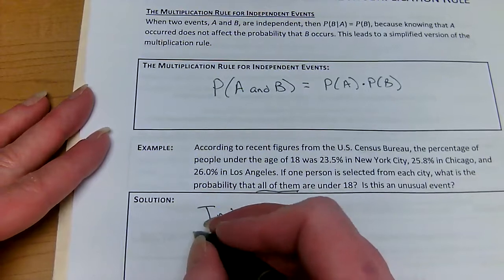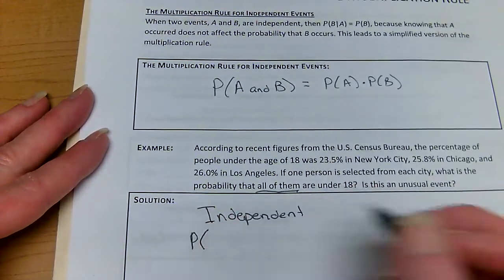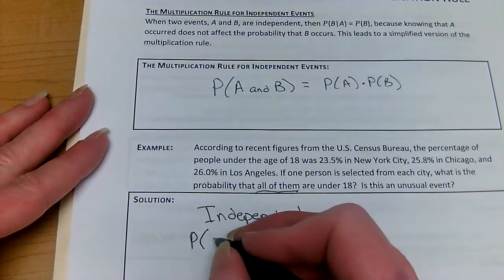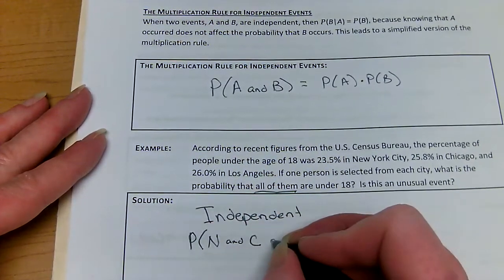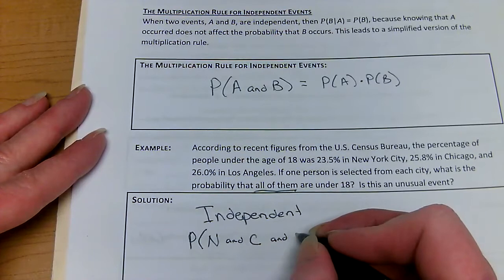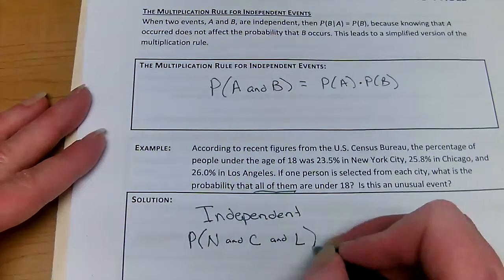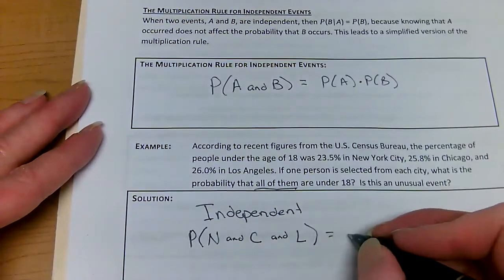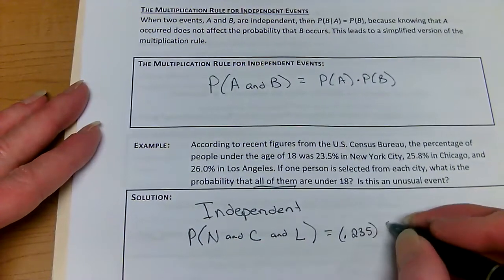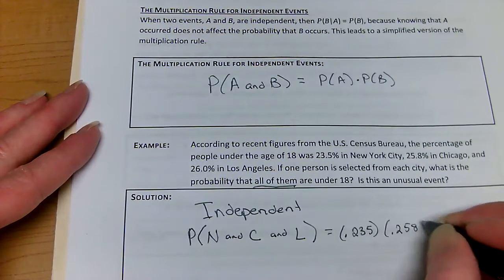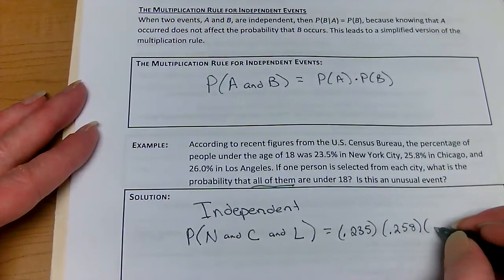So the probability of someone being under 18, I'm going to abbreviate, from New York and from Chicago and the person from LA, we would take 0.235 times 0.258 times 0.260.